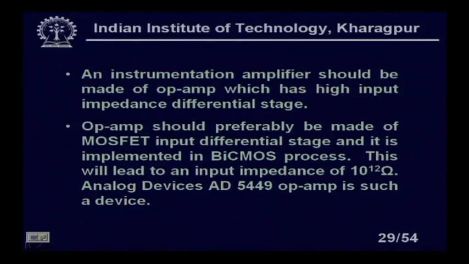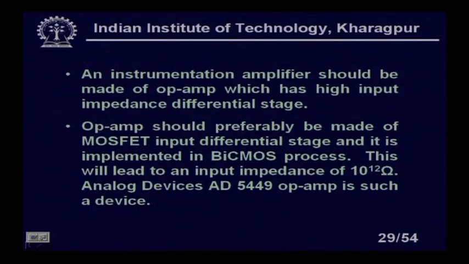The op amp should preferably be made with a MOSFET input differential stage, and it is implemented in BiCMOS. BiCMOS is a bipolar complementary metal oxide semiconductor process by which in the same wafer we have both bipolar devices as well as MOS devices, and this type of amplifier will give you the proper impedance, so that amplifier can be utilized to measure the pH voltage.